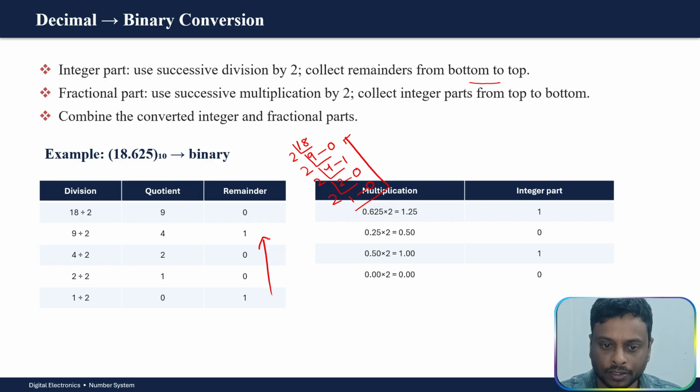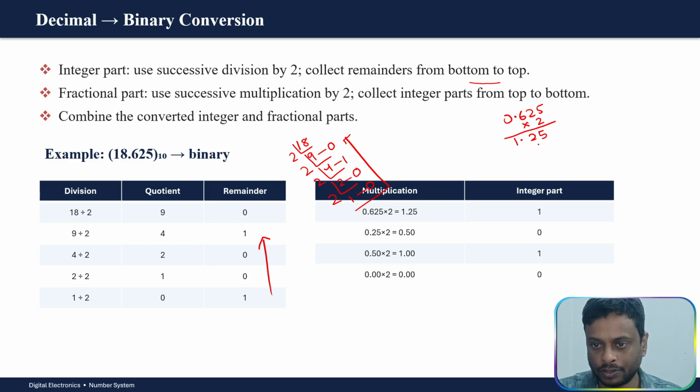Now for the fractional part, what we need to do is multiply the fractional part, and we take the integer parts from top to bottom. So you can multiply in this way: 0.625 into 2 will be 1.25.